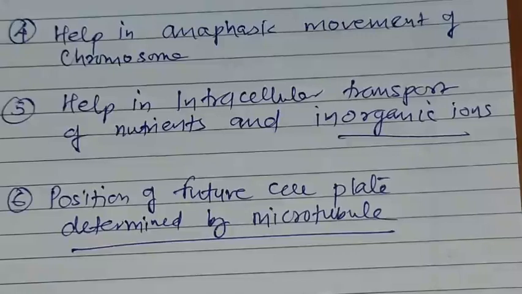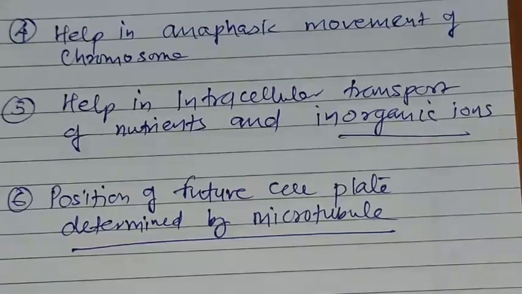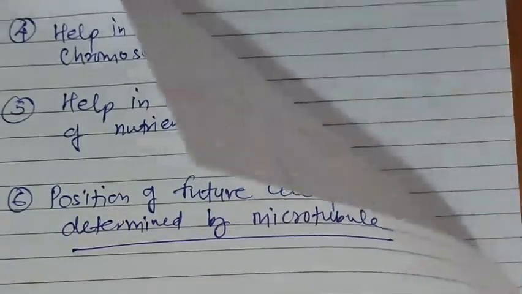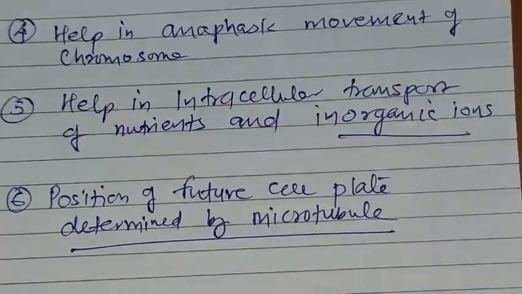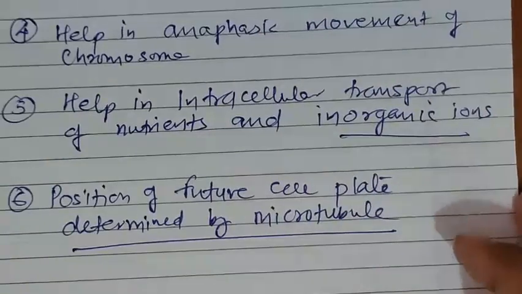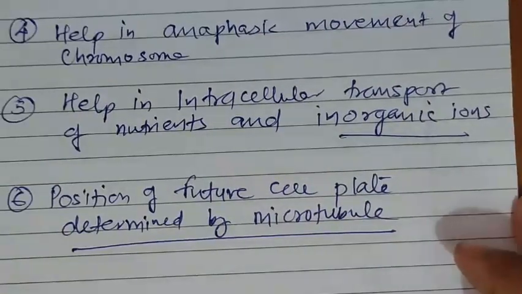Okay, so these are the particular functions of microtubule, an unbranched structure that helps in many things. Now after this, the second cytoskeletal structure is microfilaments.